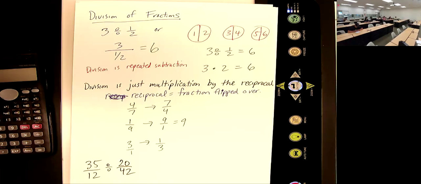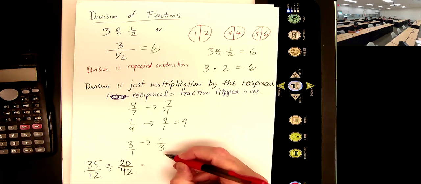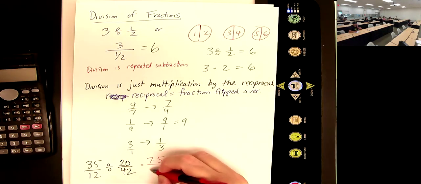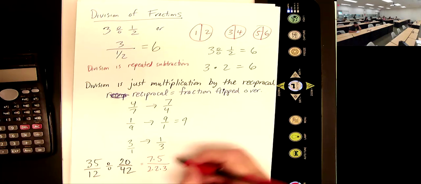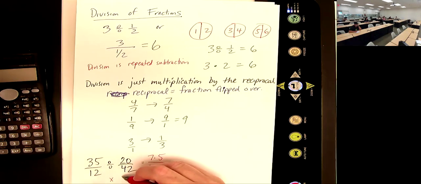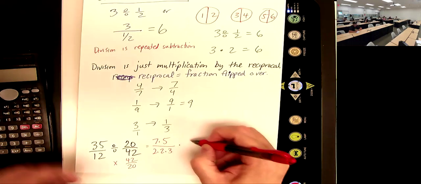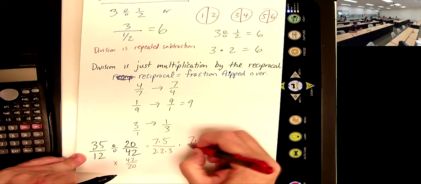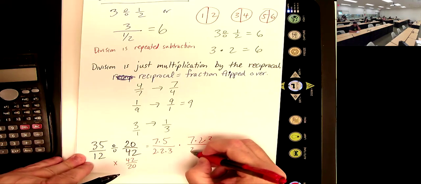Alright. I'm gonna write out 35 over the 12 first. And the 12 gets flipped into multiplying by 42 over 20. So 42 was 7 times 6. 20 is 4 times 5.